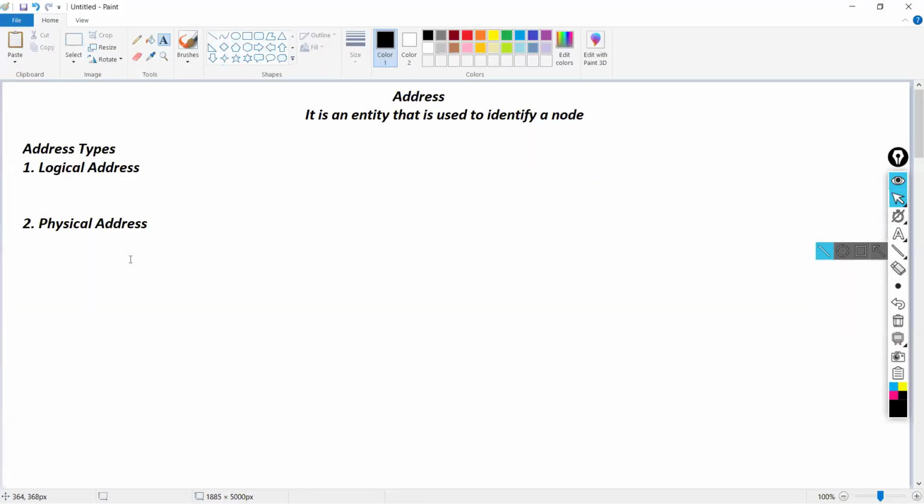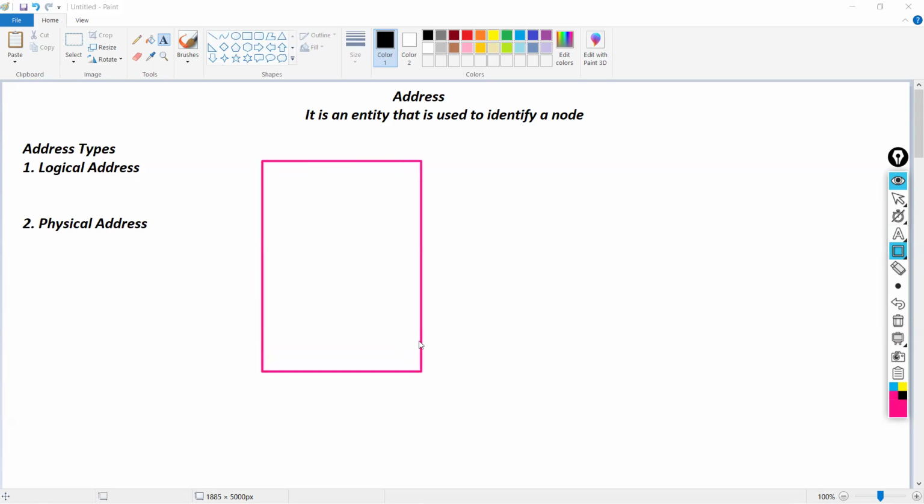Okay. So let's take an example here about the type of address. Let's say this is one university, university one. So in this university, how can you be identified? Name and enrollment number. Have I discussed this example? Then I will not discuss it again. You already know, right? Physical entity, logical entity. So I will directly start with the logical and physical concept.